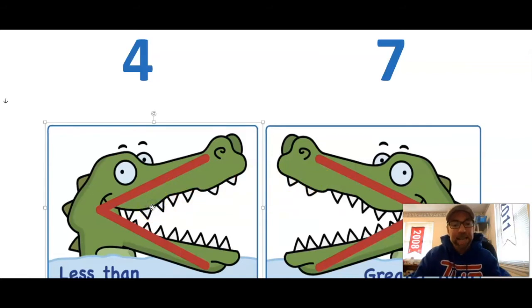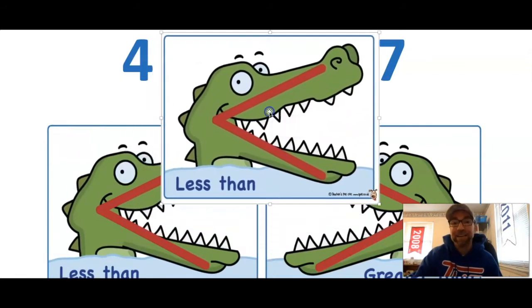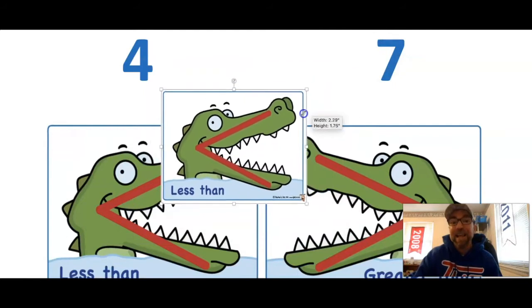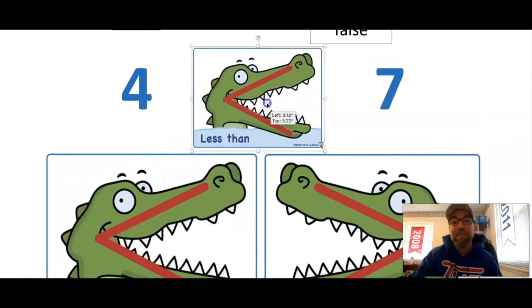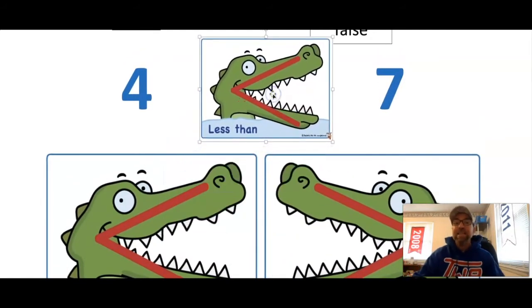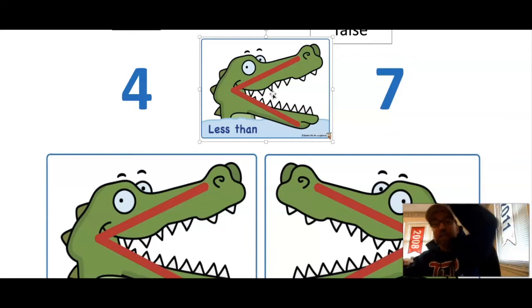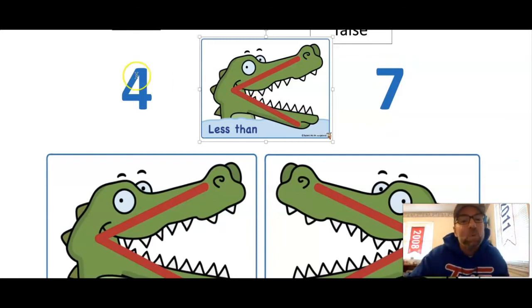So I'm going to take my less than alligator and I'm going to make him eat the number 7. Because the mouth always wants to point at the bigger side. When I read this number model, I say 4 is less than 7.